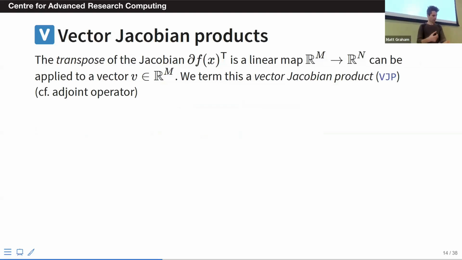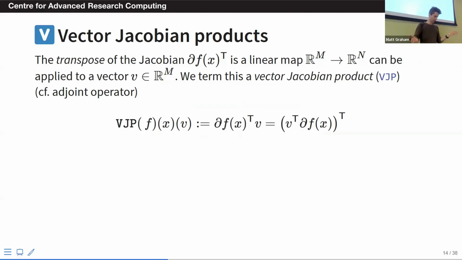There's a dual or transpose operation that we're also often interested in, which is sometimes called the vector Jacobian product. Here we're considering the transpose of the Jacobian as a linear map from the output space to the input space and applying that to a vector in our output space.